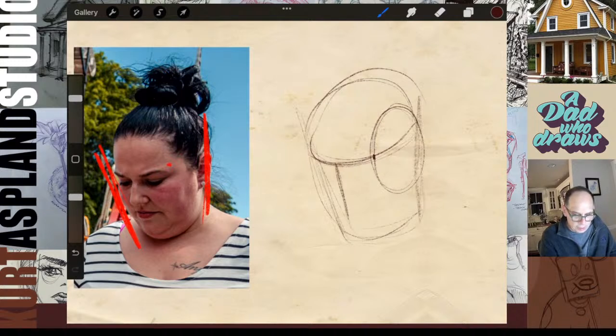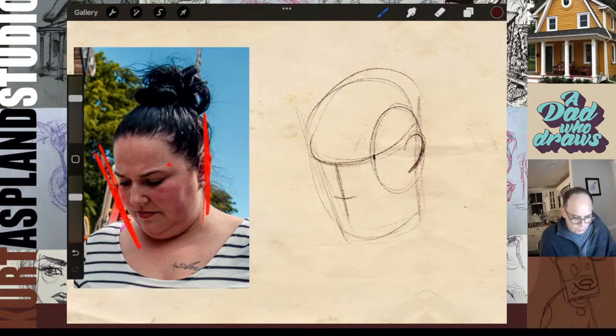And I can see that her ear is going to be somewhere right about here. And then her nose, let's get her nose in here. Now I'm looking at the distance between her eyes and her nose. So it's going to be about there.